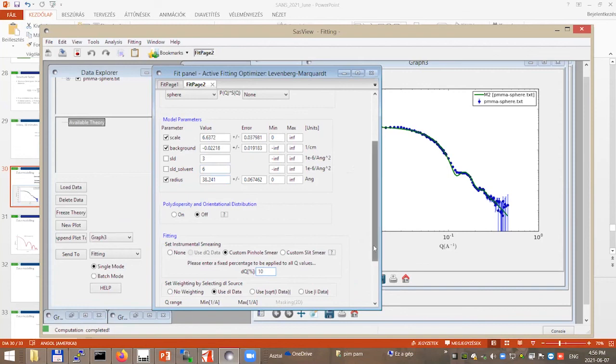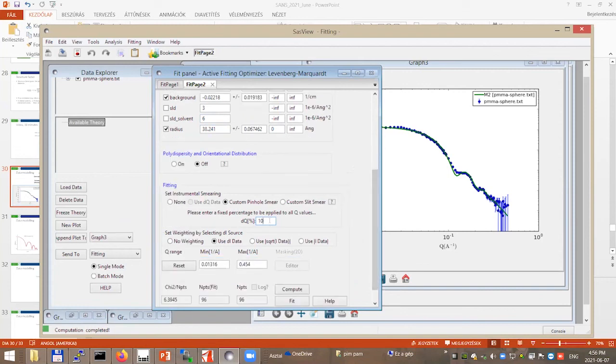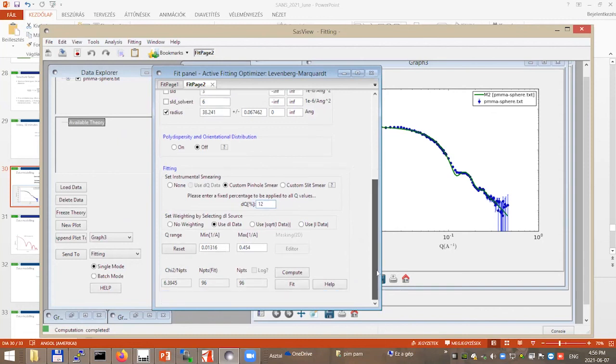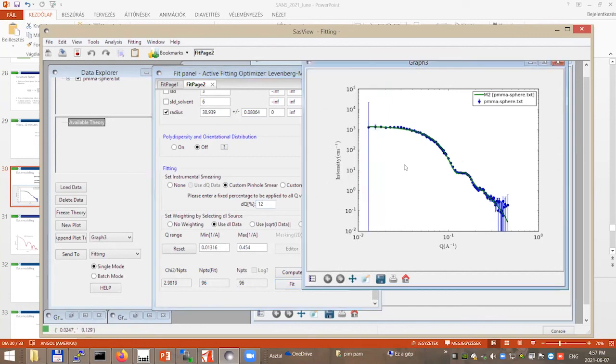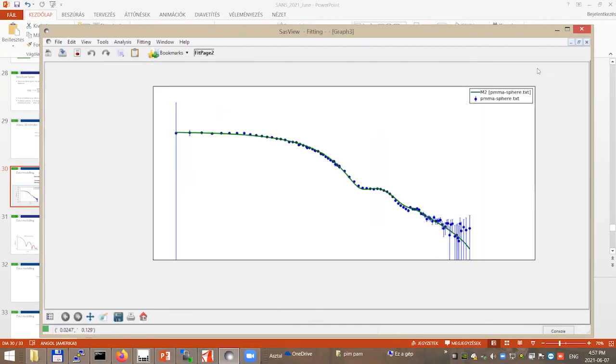But this software takes it into account in an average manner, and this 10 or 12% is more or less satisfactory. So here with 12% of experimental resolution, I could fit it visually, not perfectly, but good enough.